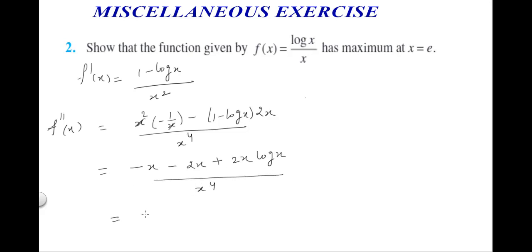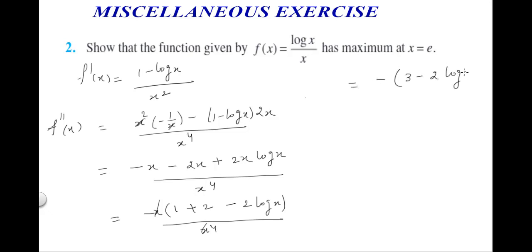Now taking minus common, we have minus x times 1 plus 2 minus 2 log x, divided by x to the power 4, and we have taken x common, so this will get cancelled. What we have now is minus of 3 minus 2 log x divided by x cube. We put e instead of x.